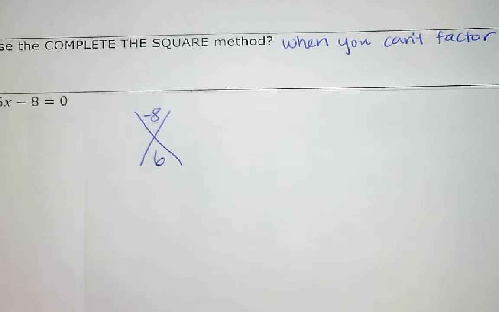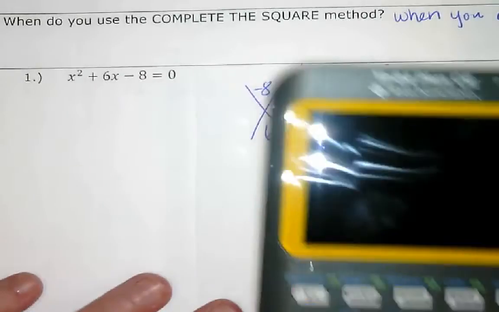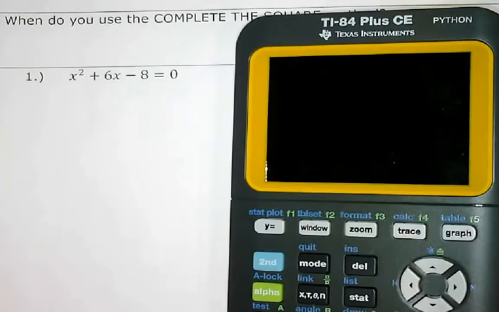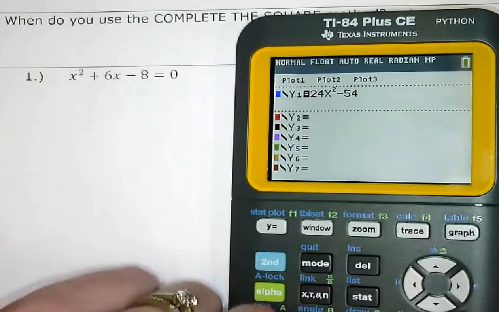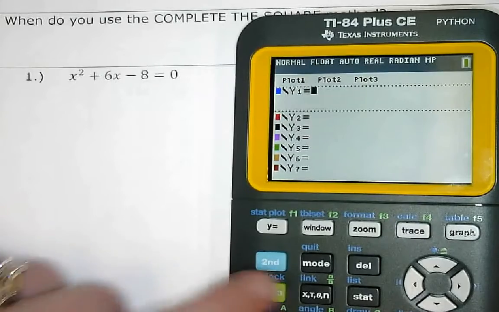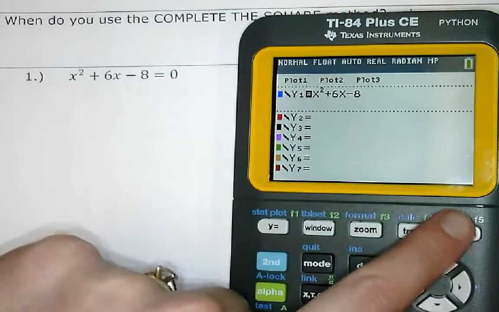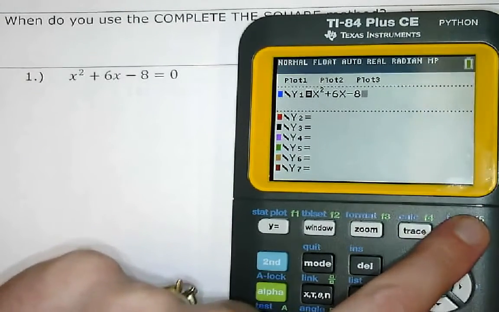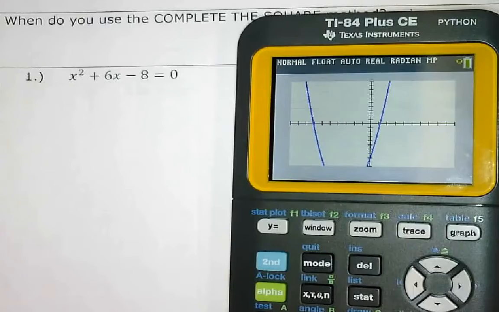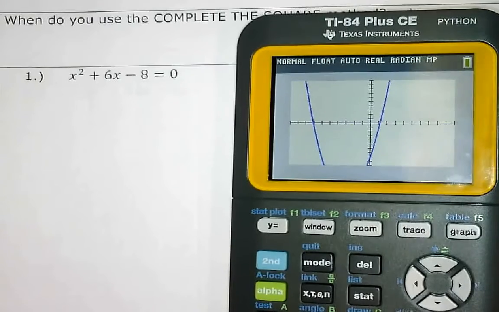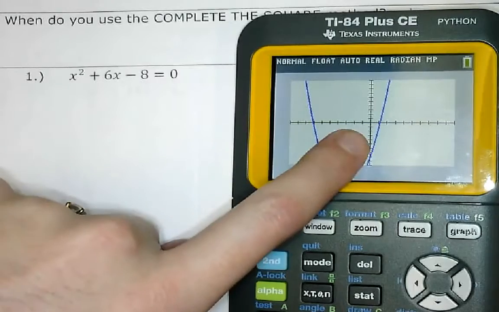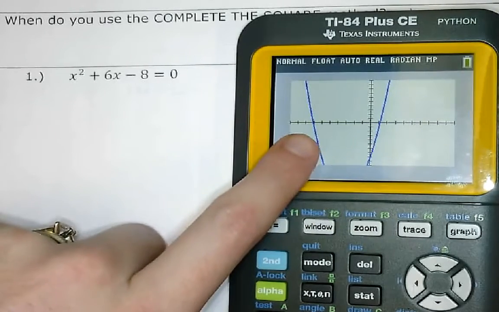Now, yesterday or last class, when we couldn't factor, what I recommend doing is you go ahead and type in your equation. So we say, okay, what is x squared plus 6x minus 8? Because sometimes when you can't factor, you have no real solutions. But it looks like we do have how many solutions? 2. But do they look like whole numbers?